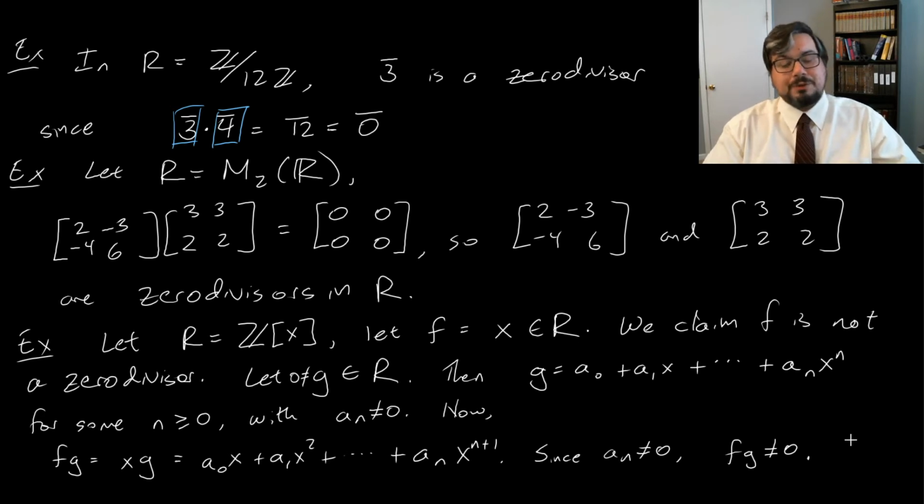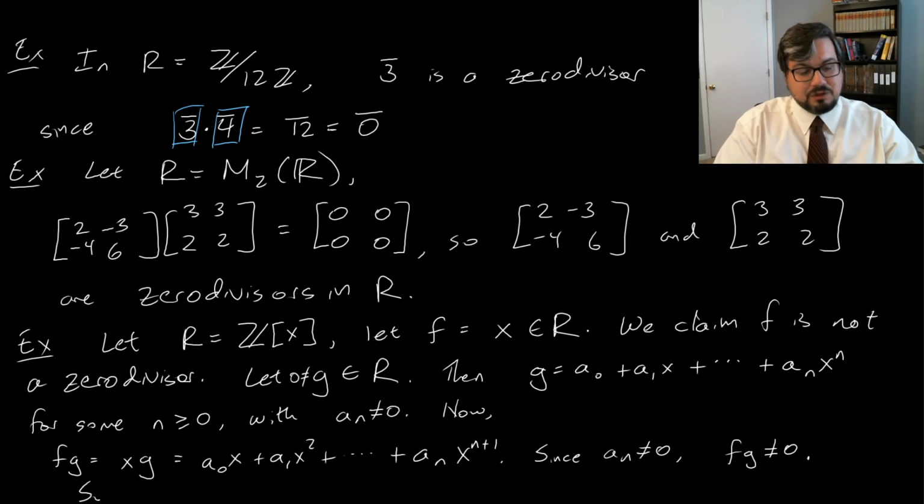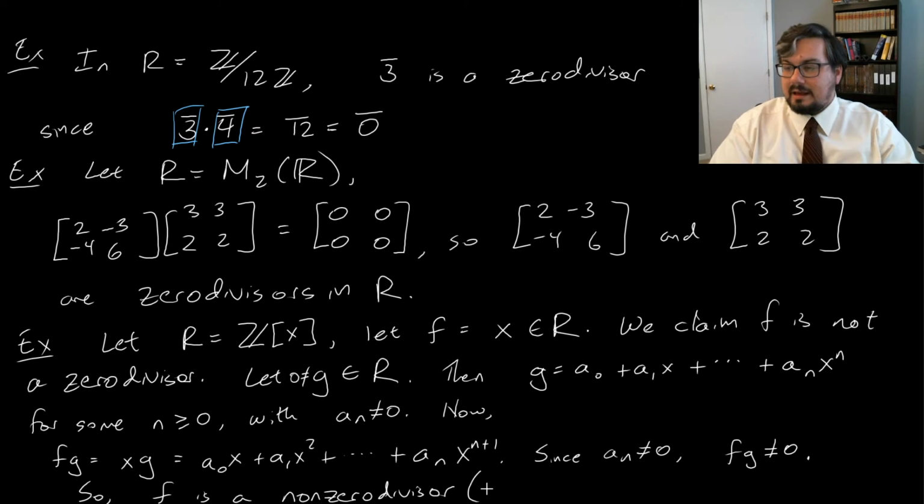So what we've shown is that no matter what g we choose other than 0 in the ring, if we multiply it by f, we can't possibly get 0. So that means that f is a non-zero divisor, which means a non-zero element which isn't a zero divisor.